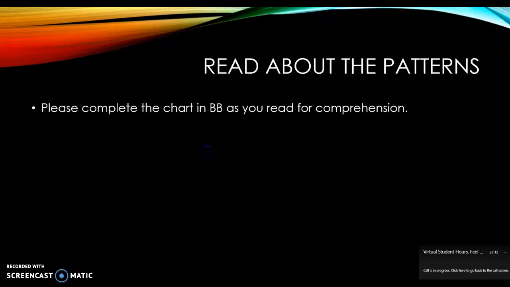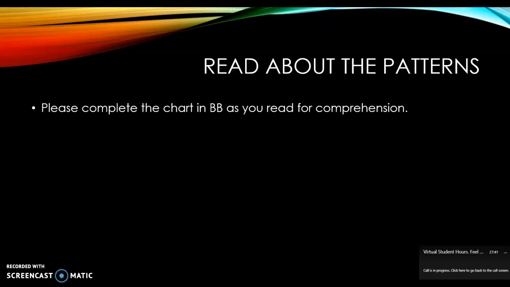So what I want you to do is use the chart that's in Blackboard as a note-taking sheet. And as you read through and read about these patterns, I want you to fill out that note sheet so that you have a 1-page or 2-page overview of all of these patterns, the signal transition words that the author uses, and when an author uses those patterns.